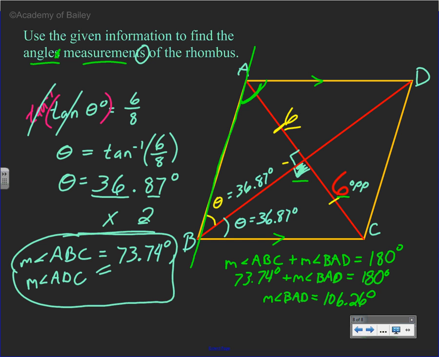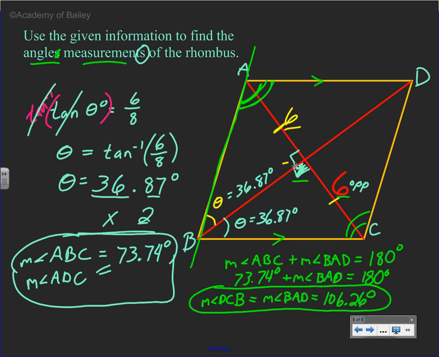And if we have BAD, its opposite angle, DCB, is also congruent. So the measure of angle DCB is equal to the measure of angle BAD, which are both 106.26 degrees.